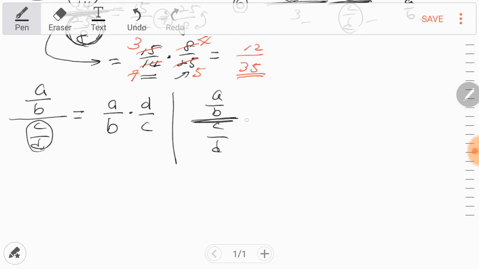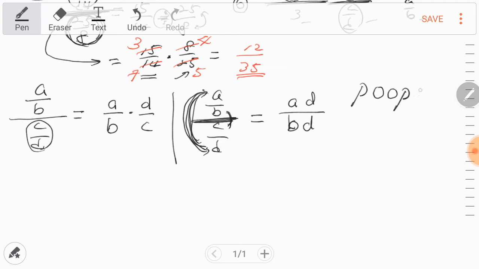The longer bar is the main fraction bar, the main fraction line. Then you can write it as this: you multiply the outer terms together, so a d, over the product of the inner terms, b and c. So it is the product of the outer terms over the product of the inner terms.